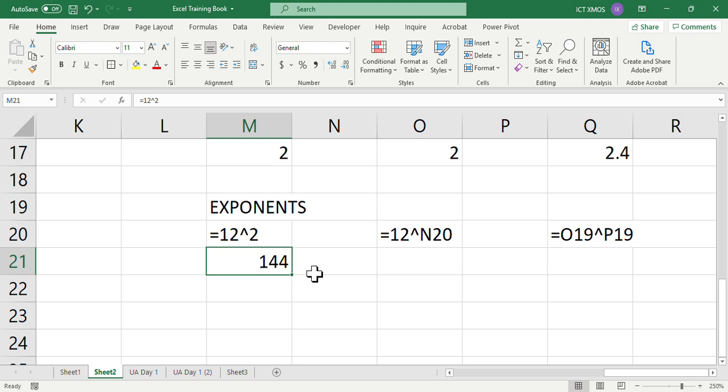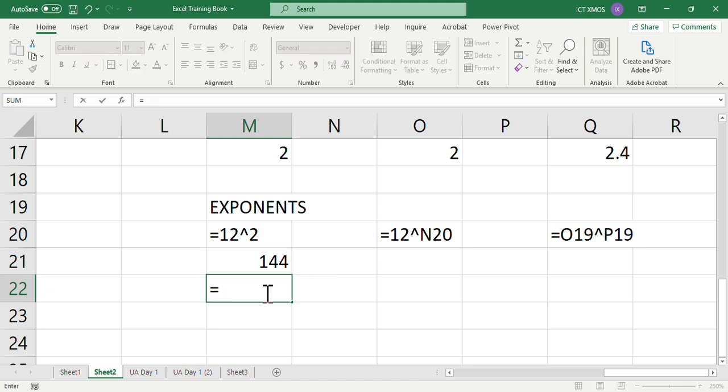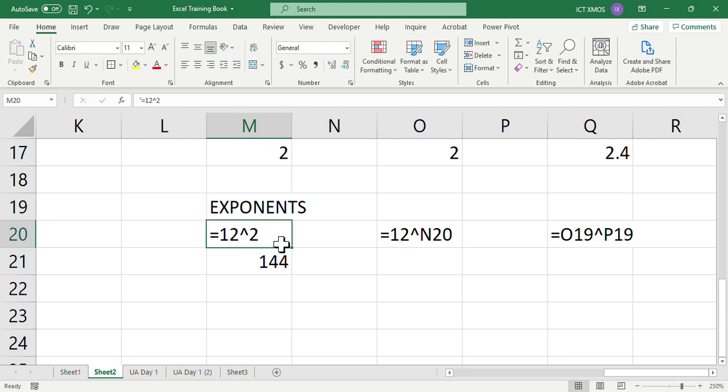I hope you know the meaning of raised to power. When you want to raise something by its power, this 2 here is the power. We call it power.